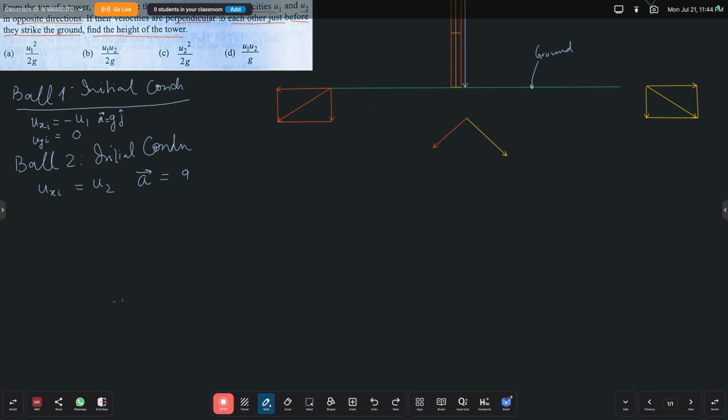Acceleration will be the same, the gravitational acceleration. In the y direction, initial velocity is 0. So this is your initial condition for ball 1 and ball 2.